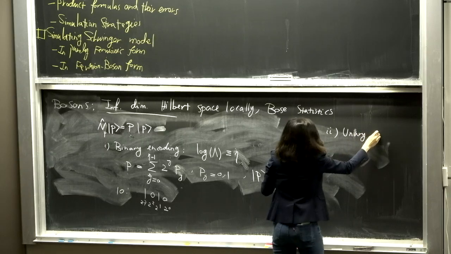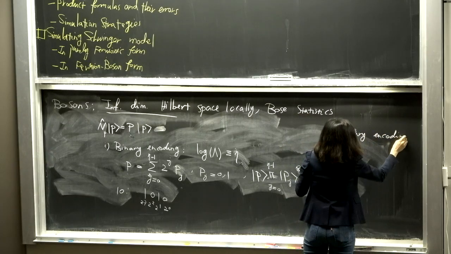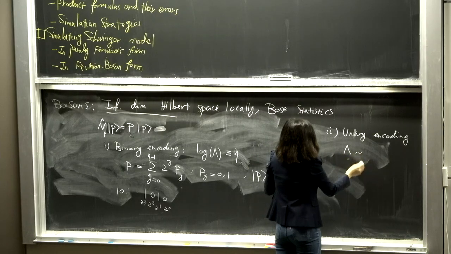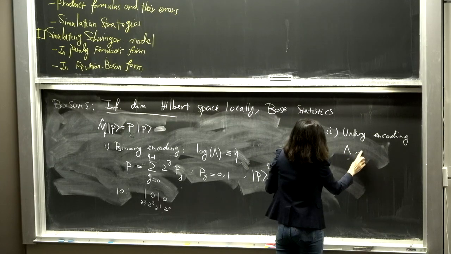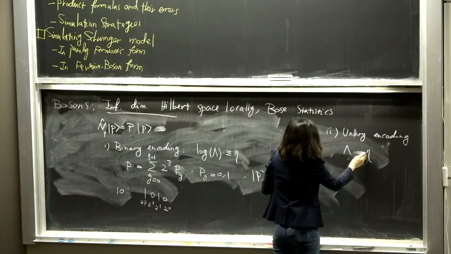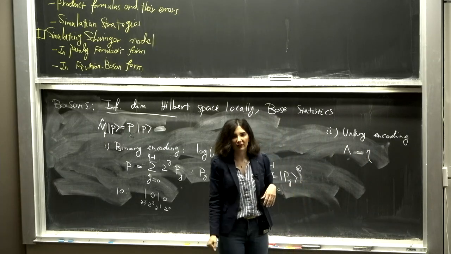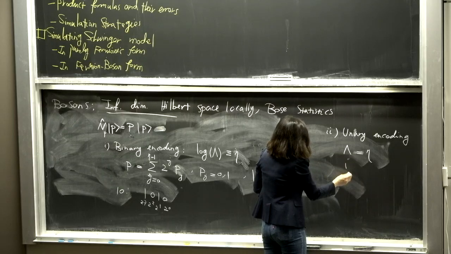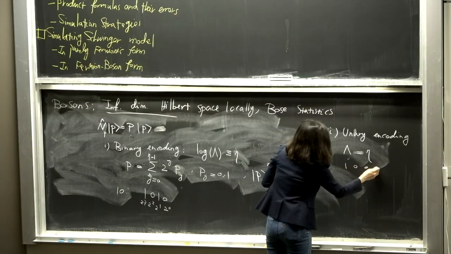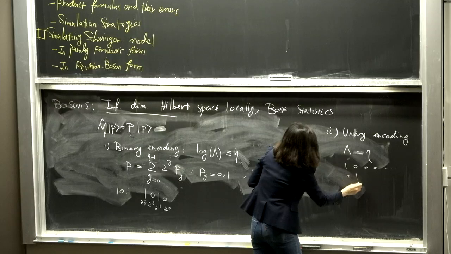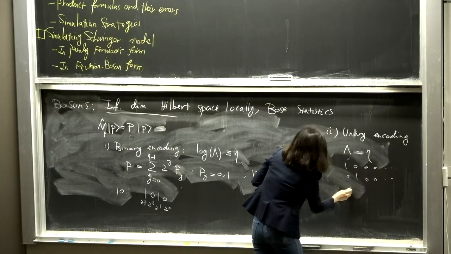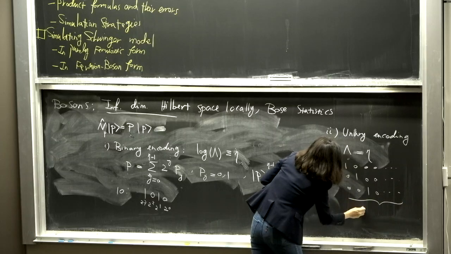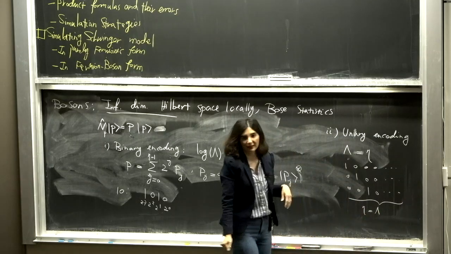Unary encoding. What this does is that it would encode lambda into eta qubits, which is not really good, right? The way it works is that you say, I have 1, 0, 0, 0, 0, 1, 0, 0, 0, 0, 1, 0, 0, and these are eta equal to lambda number of qubits.